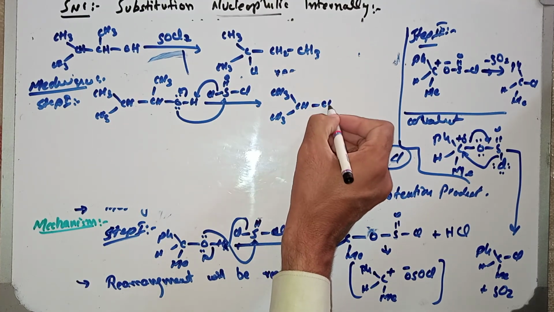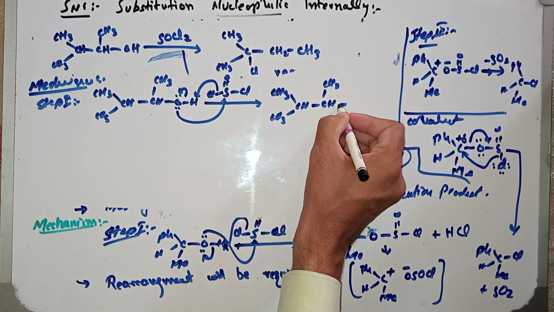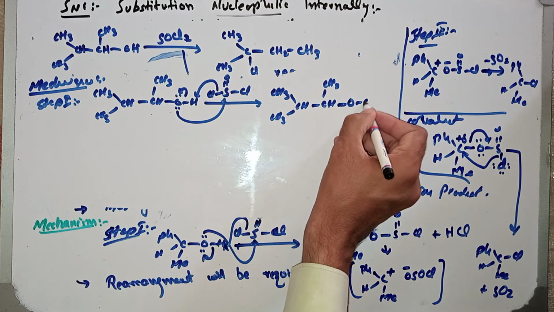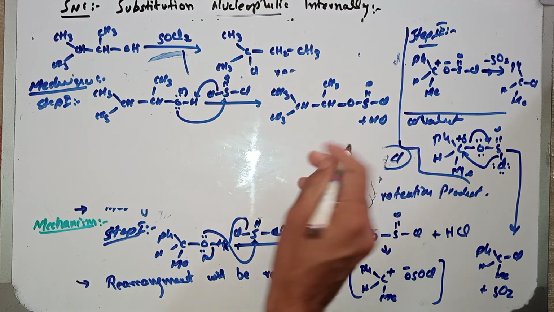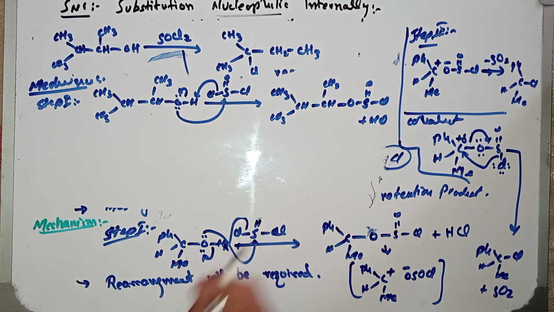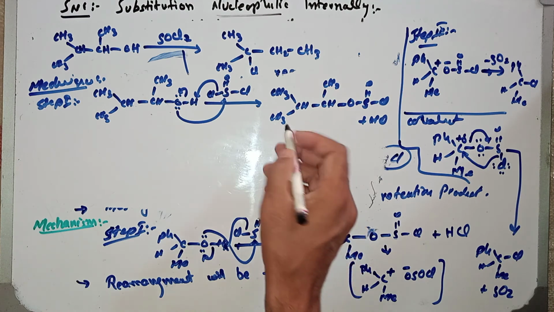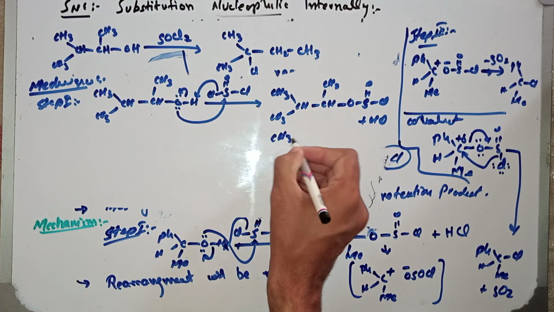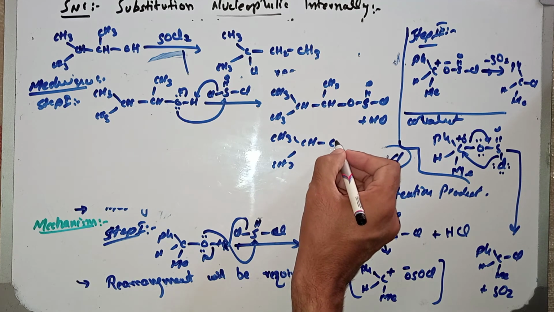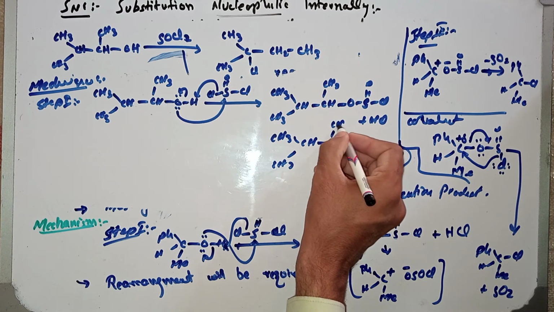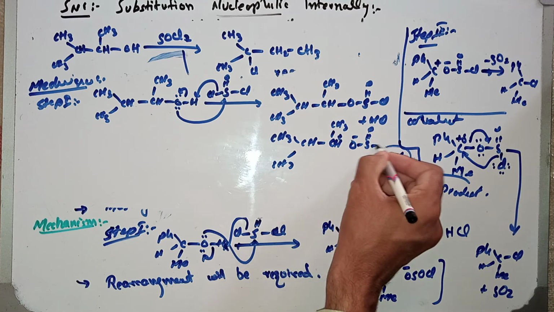CH3 CH CH3, that is O, sulfur double bond O, Cl, plus HCl. If you write this in the form of an ion pair, it will be like this: CH3 CH CH3, CH, CH3 plus charge, O negative, sulfur double bond OCl.